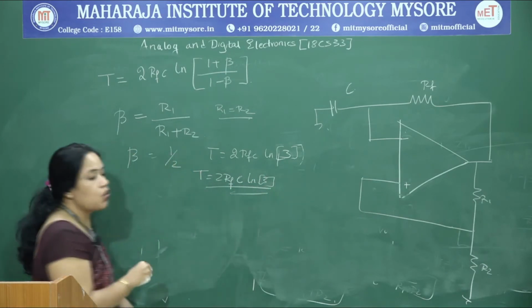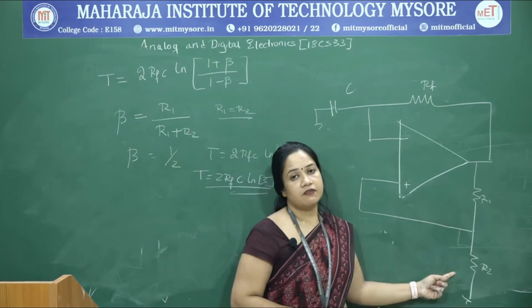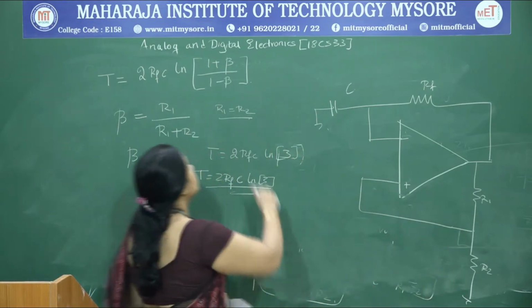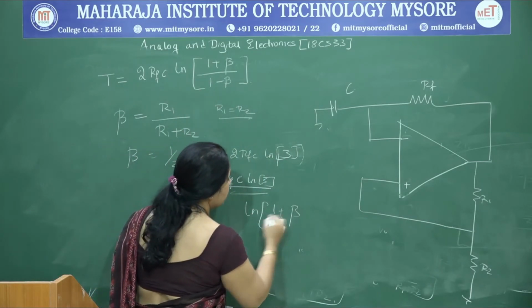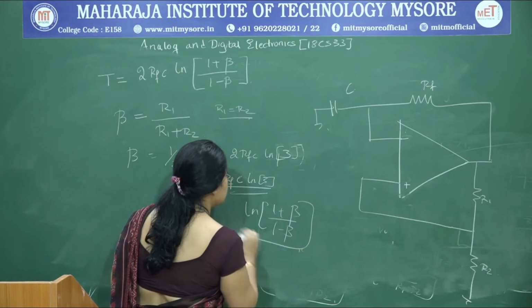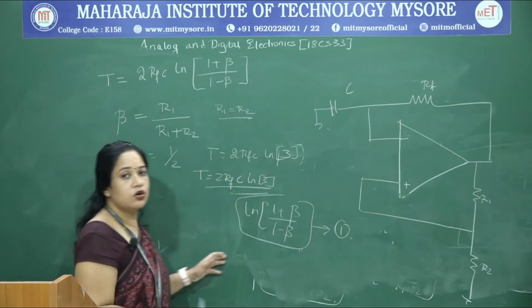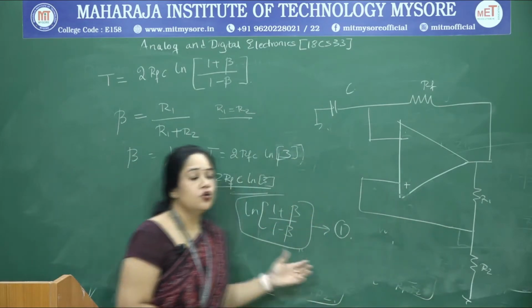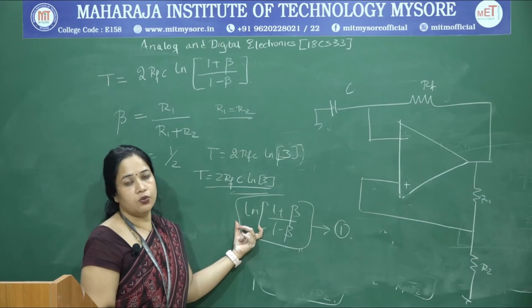To simplify things, I take values of R1 and R2 such that this logarithm, that is logarithm of 1 plus beta by 1 minus beta, becomes 1. I choose a value of R1 and R2 which makes this logarithmic value equal to 1.